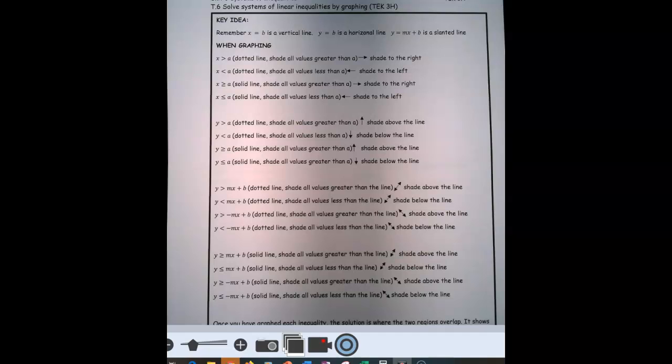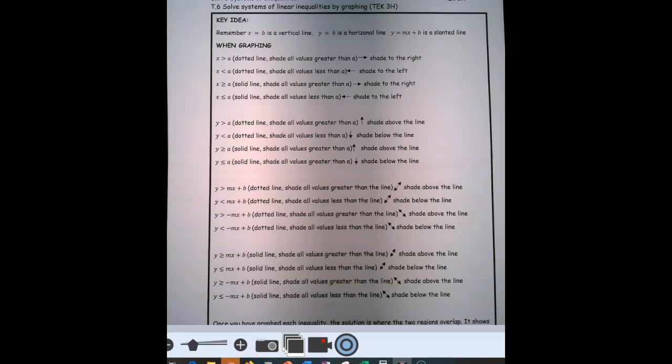Y equals is your horizontal line. Think about how the sun comes up, and when you look left to right, that's called the horizon, right? Because it goes across the y-axis, whereas the vertical line goes across the x-axis. Then I also wanted you to remember that when you're looking at slope-intercept form, it's a slanted line.